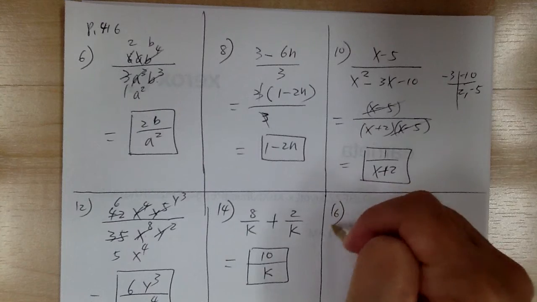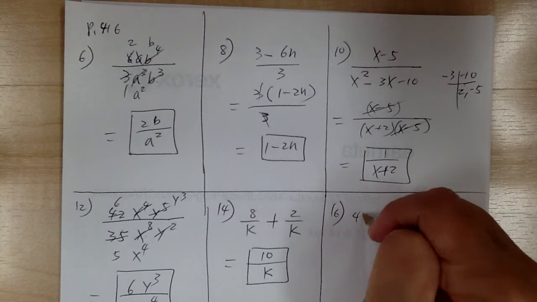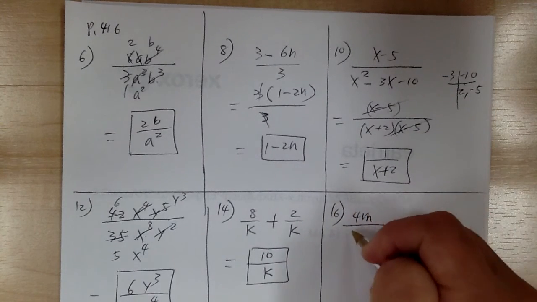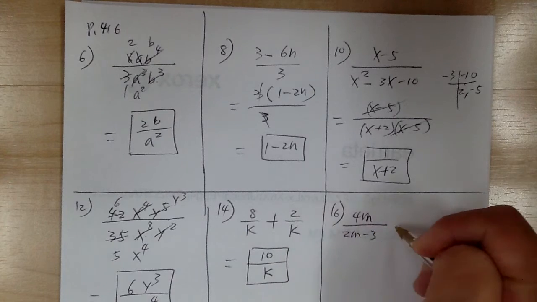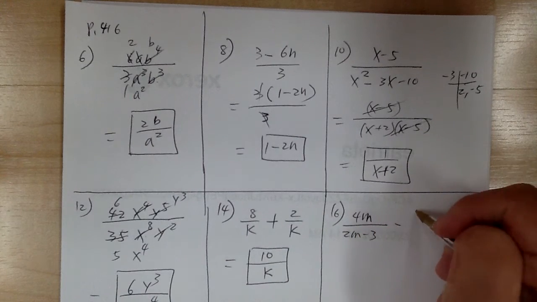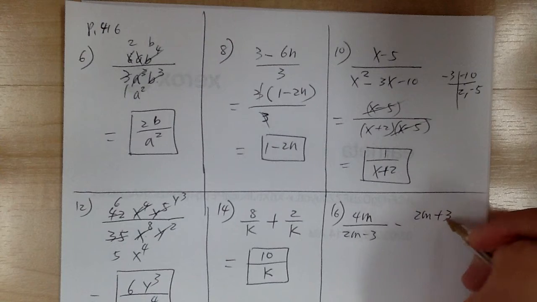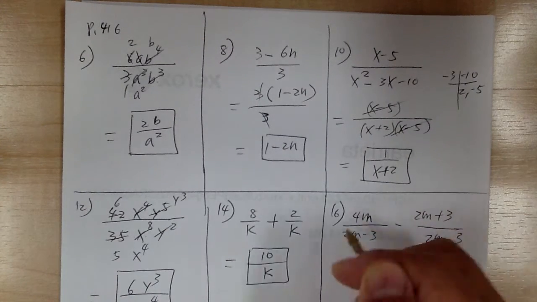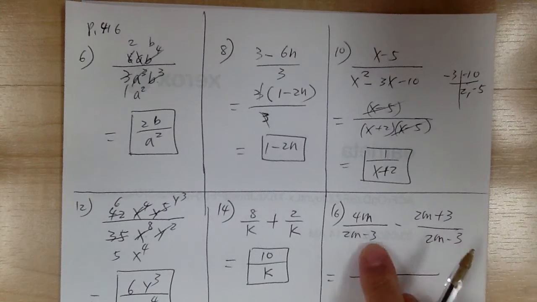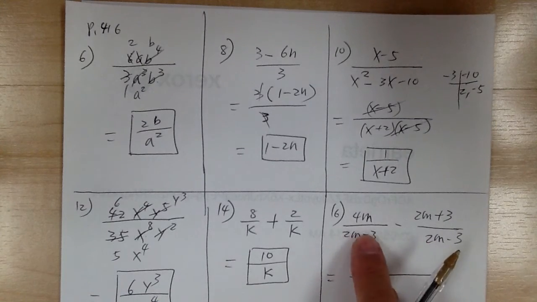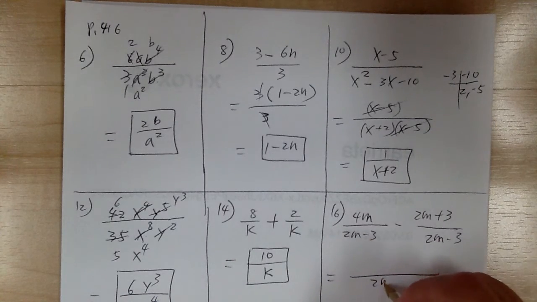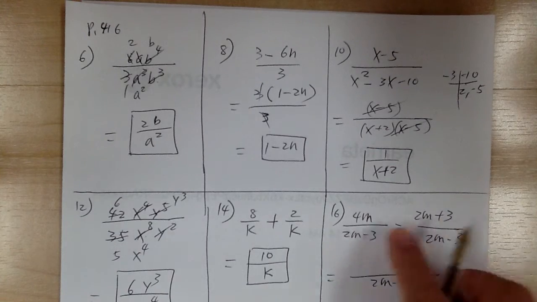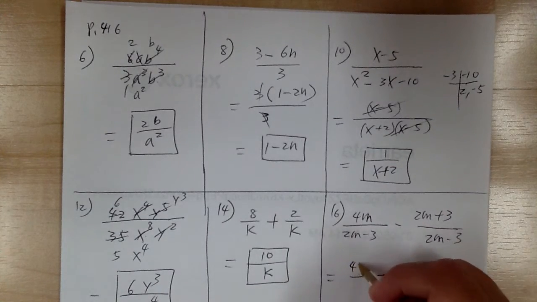Okay, number 16, you have 4m over 2m minus 3 minus 2m plus 3 over 2m minus 3. Again, first check that you have a common denominator. Yes, so you can write your denominator. Now you can combine the top. You're going to have 4m.